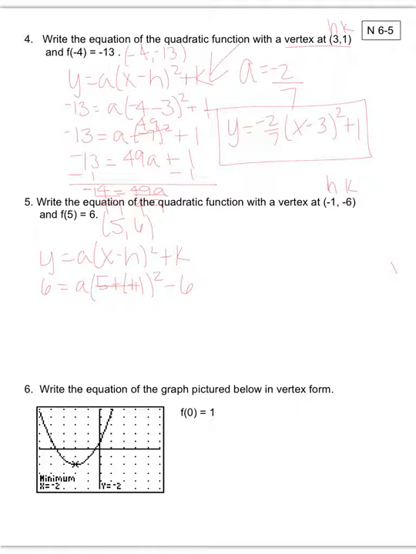So the inside parentheses, that would be 6, but we have to square that. So that would be 36a minus 6. So we'll add 6, and you get 12 equals 36a.